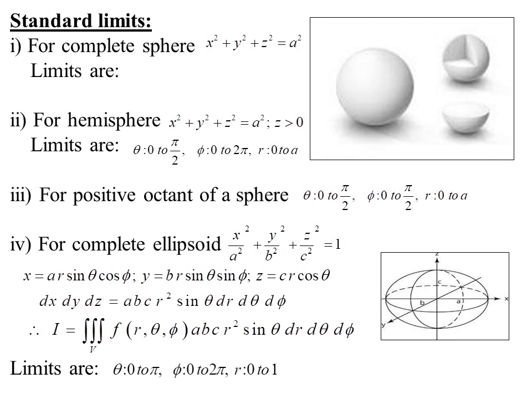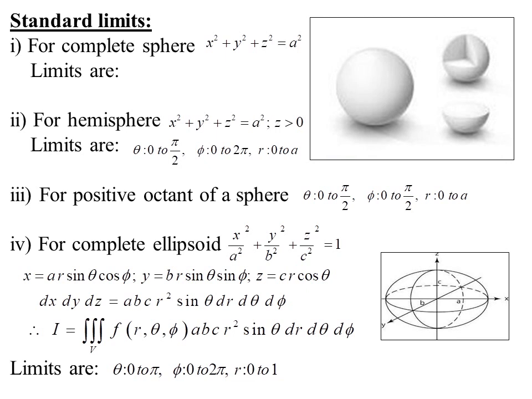So with the help of this transformation, our integration can be determined in terms of triple integration. F is varying from r theta phi into a b c r square sin theta dr d theta and d phi.